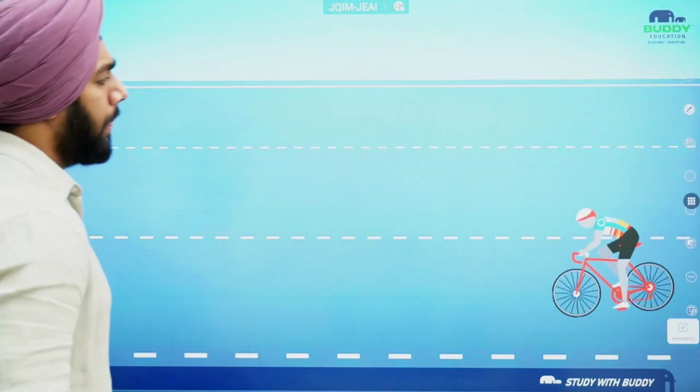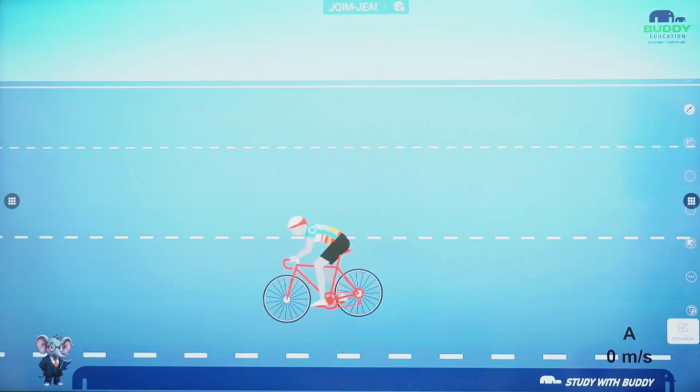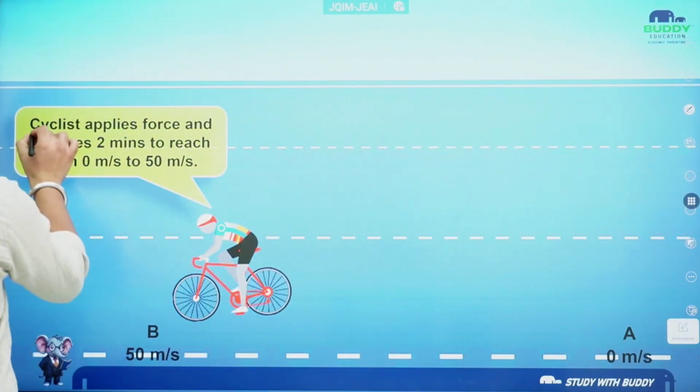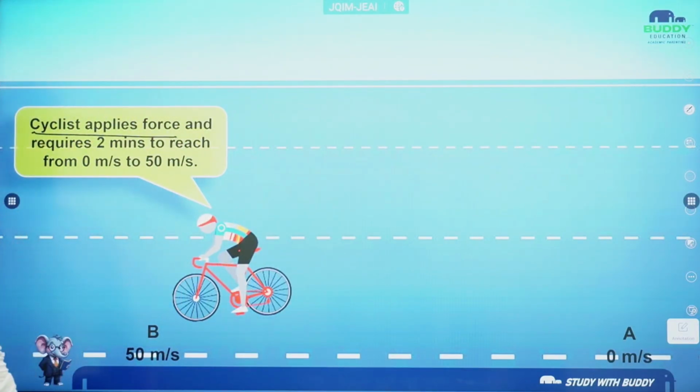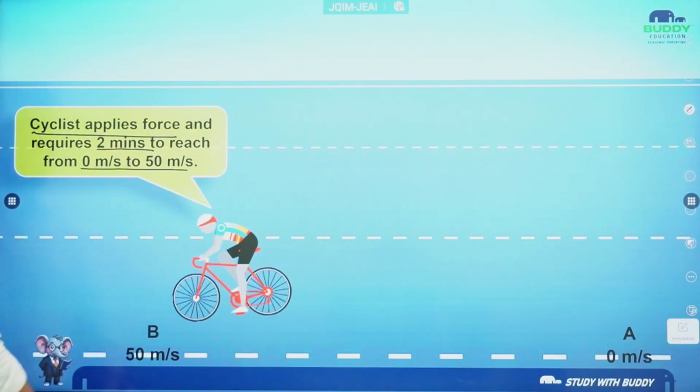So coming to the first example, here you can see a cyclist applies force and requires 2 minutes to go from 0 meter per second to 50 meter per second.